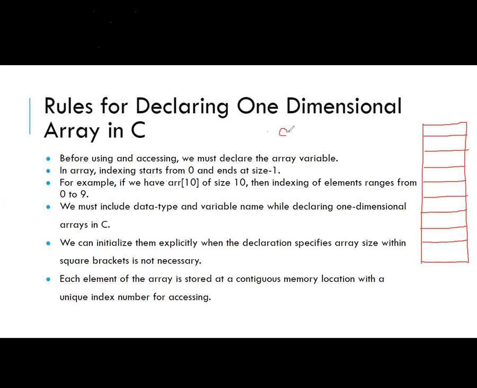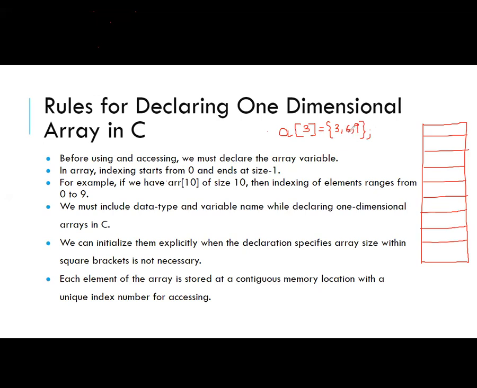So I declare an array of size 3, and I give it some values. For example, I'm giving it the values 3, 6, and 9. This is how I initialize an array, so this array is holding some values.